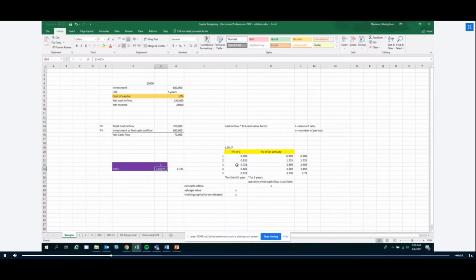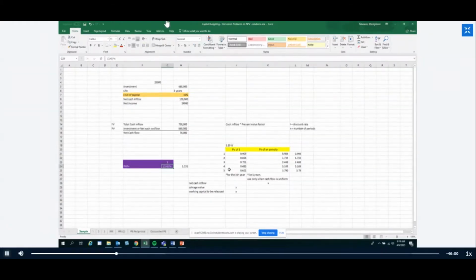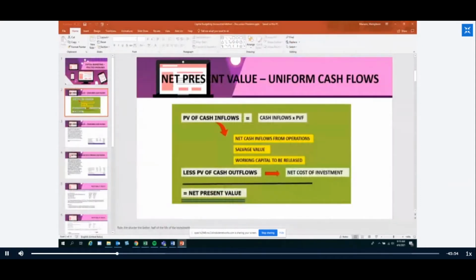Okay? O sige. Para siguro mas ma-appreciate, sampulan natin ng isang problem. Okay? So, ulitin ko net present value. In this example is uniform cash flow, no? So it's actually the present value of cash inflows. Pag cash inflows, ang ginagamit is present value of annuity of 1.